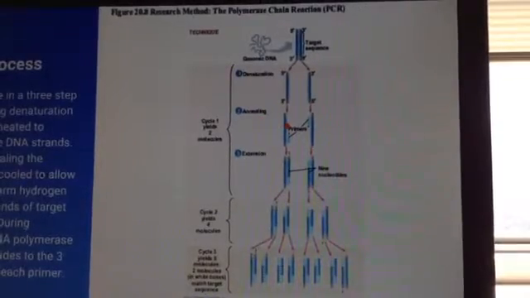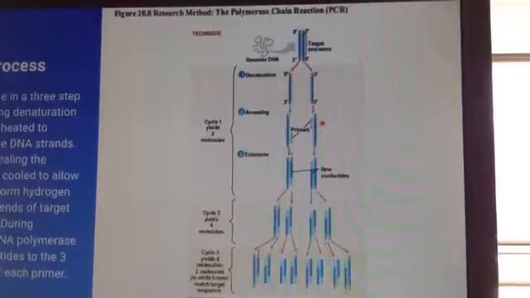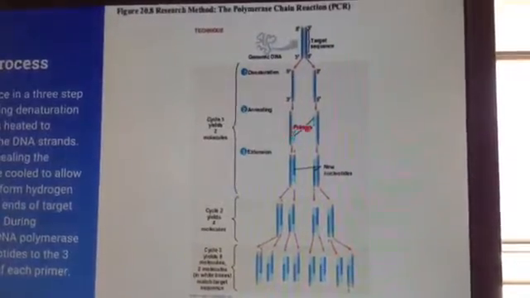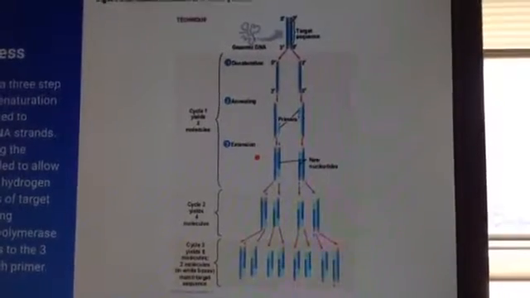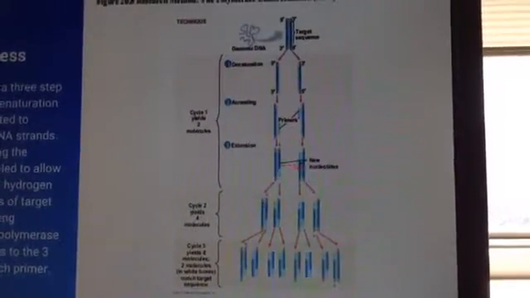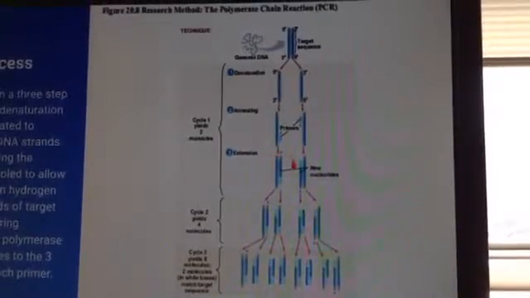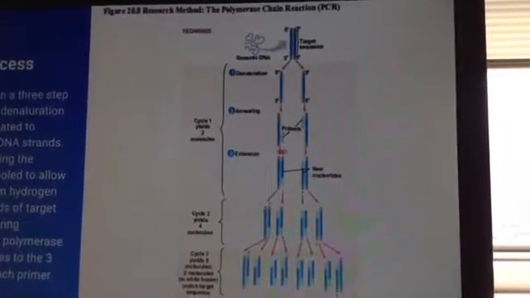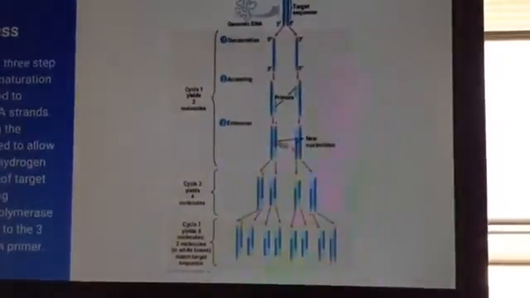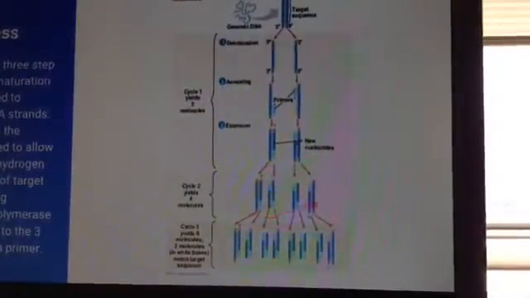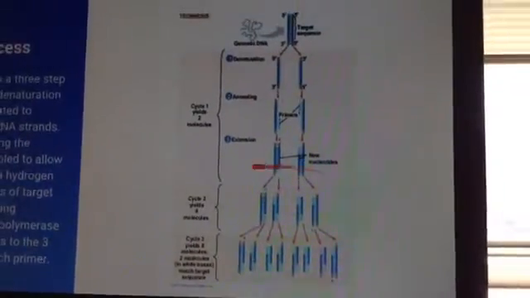The strands are cooled so that primers can form hydrogen bonds with ends of the target sequences seen here and here. In the third step, extension, DNA polymerase adds nucleotides to the 3' end of each primer. This is going to create our full set of the target sequence. If you go down, another cycle goes, and we have these 2 replicated into 4, and in the final we have these 4 replicated into 8, and so on and so forth.